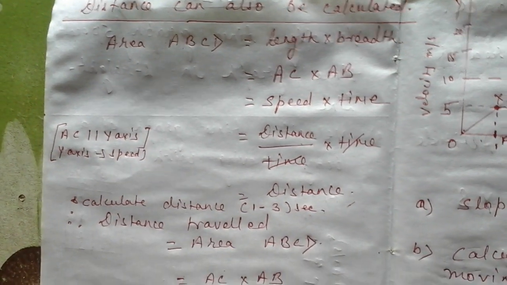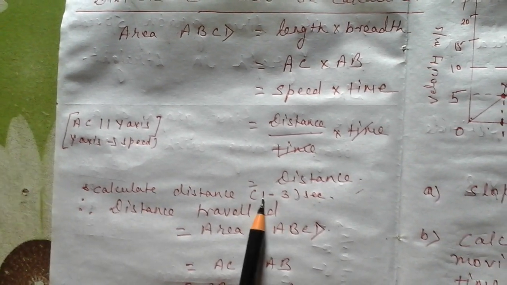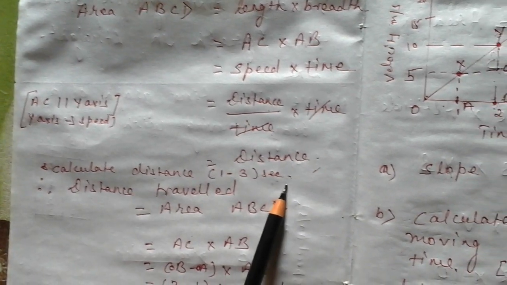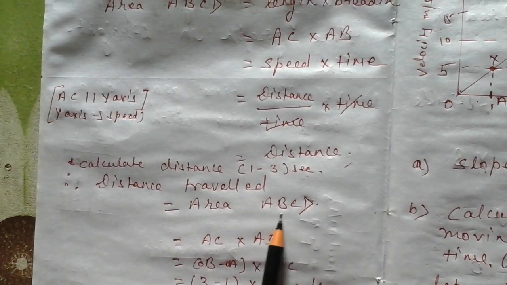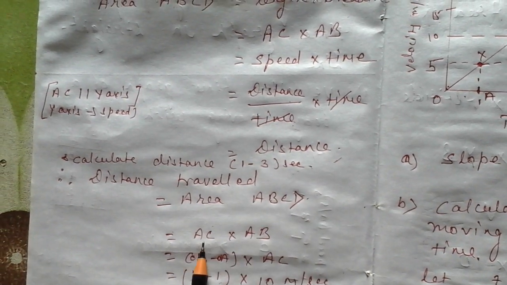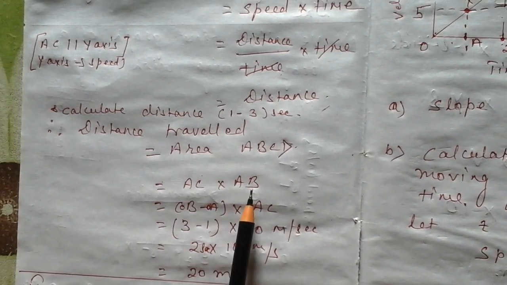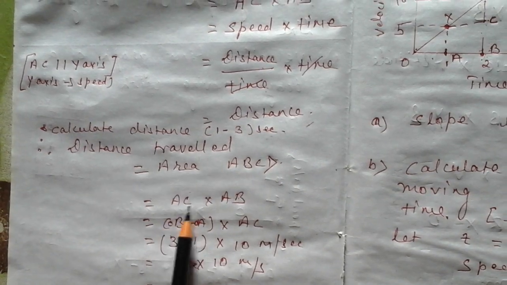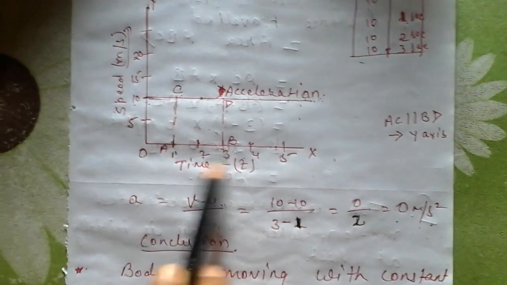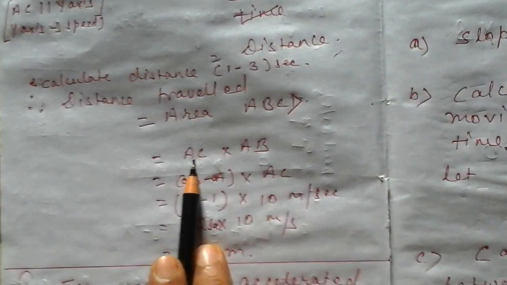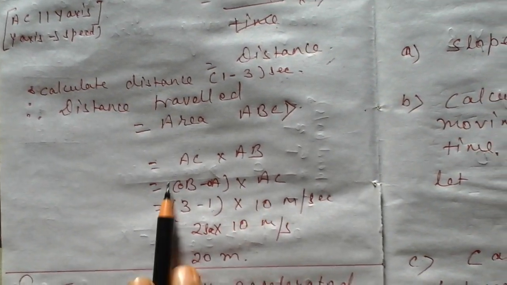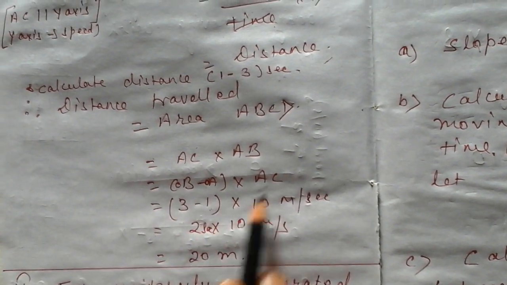Now let us calculate the distance between the first and third second. So the distance is the area of ABCD, length into breadth. Length is AC, breadth is AB. AB is OB minus OA. I am showing you here. AB is OB minus OA, that is 3 minus 1, and AC is parallel to the y-axis, 10 meter per second.